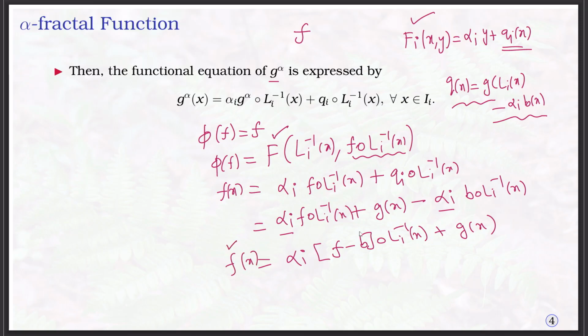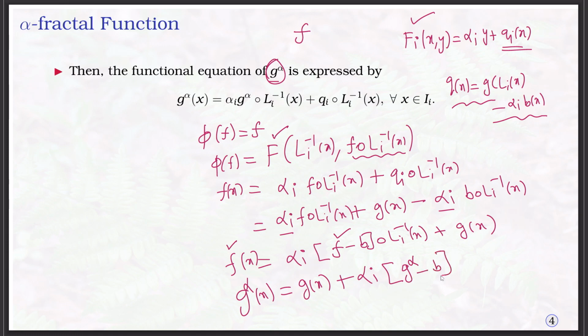Now this fractal interpolation function we are naming as g alpha, just the notation we are taking. g alpha of x will be written as g of x, and plus alpha I times g alpha minus b composition Li inverse of x.